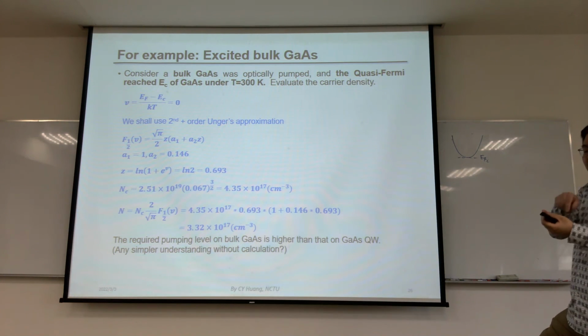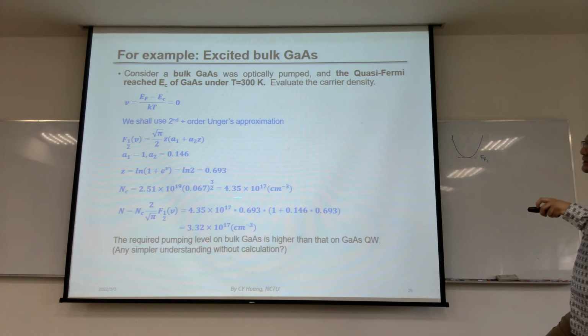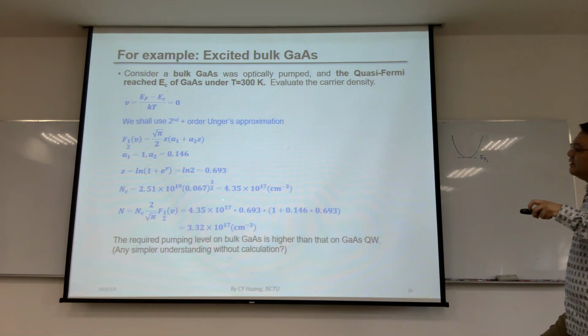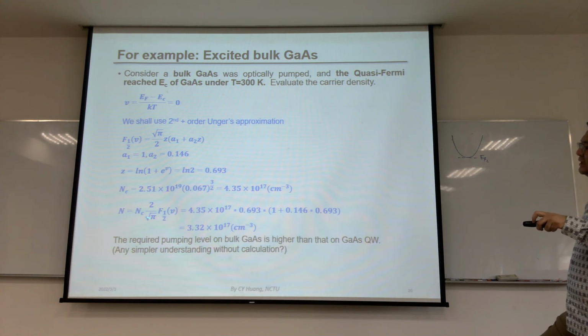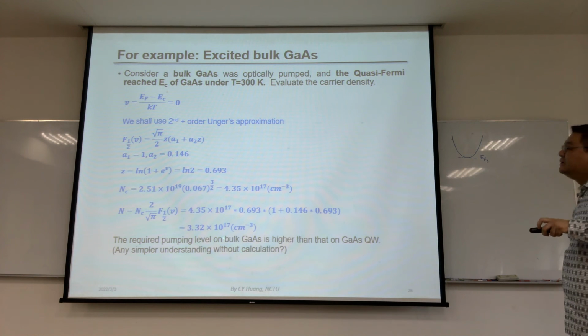So since you are doing some calculation, you can just give a number. Alright, and this is NC. This is the effective density of states, 4.35 times 10^17. Then just put it back with the same order.